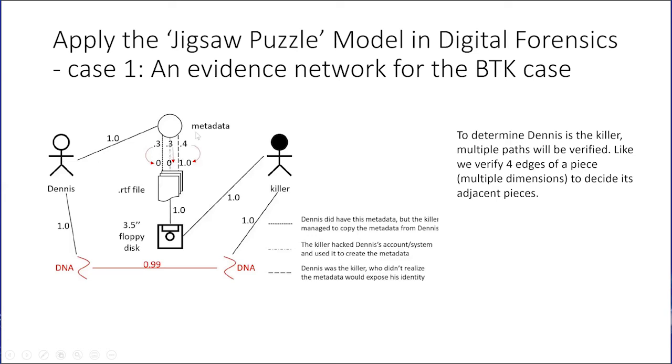However, why is this metadata attached to this RTF file? There could be 3 possibilities. So we just guess the possibilities on it. This is the raw data: 0.3, 0.3, 0.4.